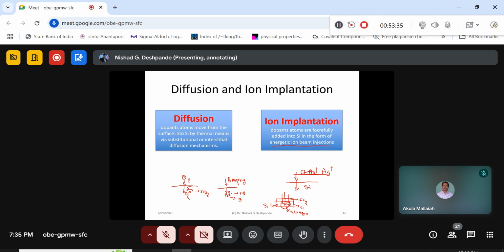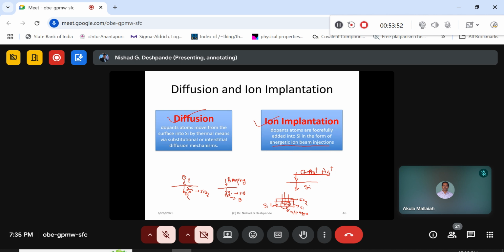So this particular process where I am trying to open a channel and then input some dopant into it can be done through two different processes. One is called the diffusion process, or the ion implantation process.